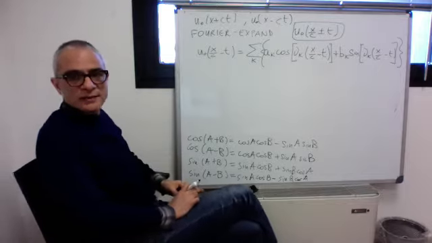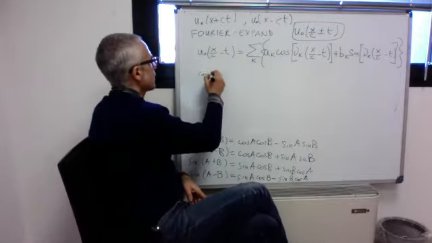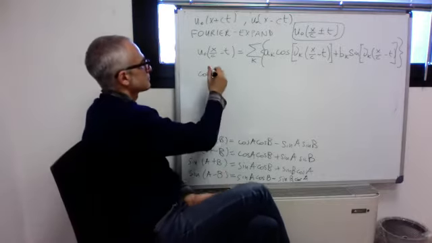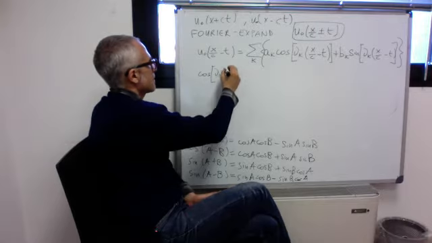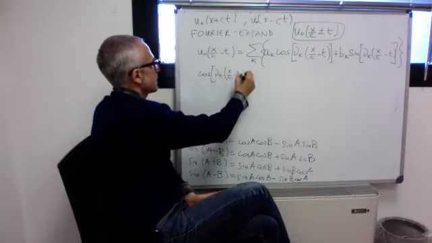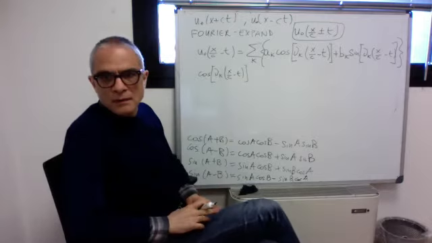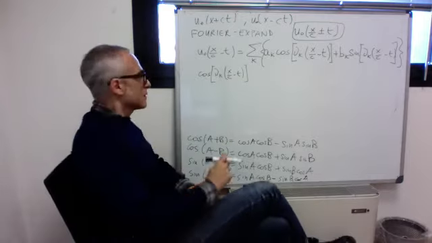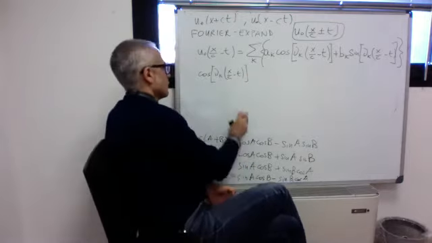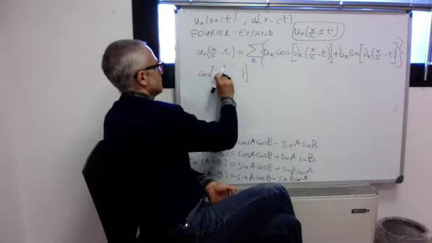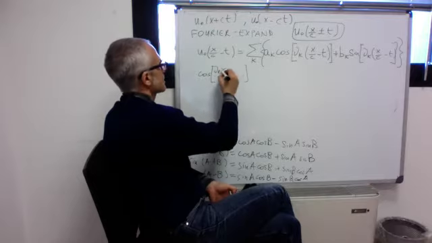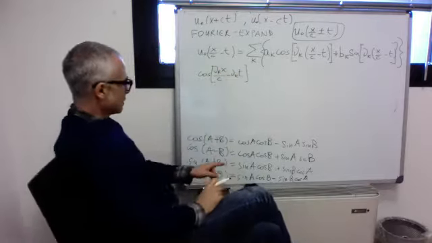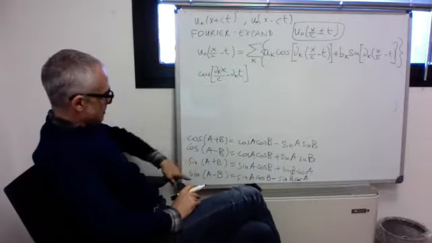So let's do that. The cosine of nu_k x over c minus nu_k t. Okay, that's A. That's B.